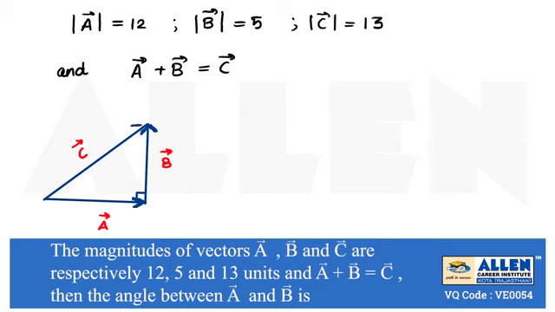So I will draw the head of the resultant vector, which will be like this, meaning in this direction we have B vector and in this direction we will represent C vector.